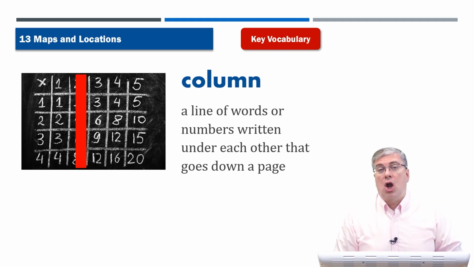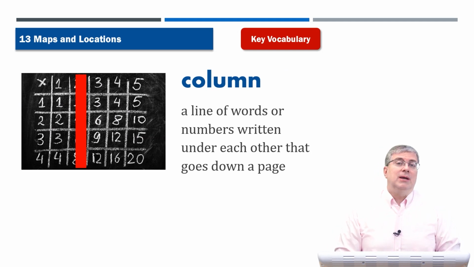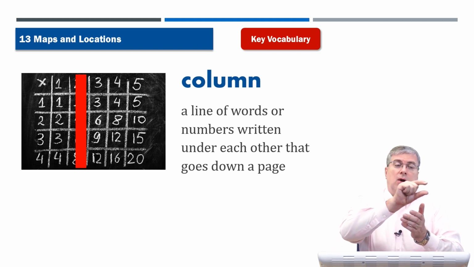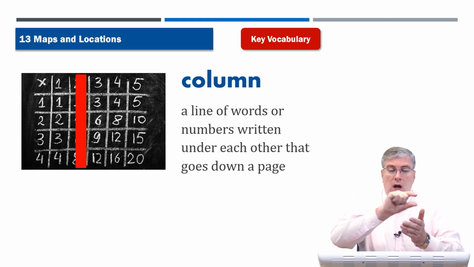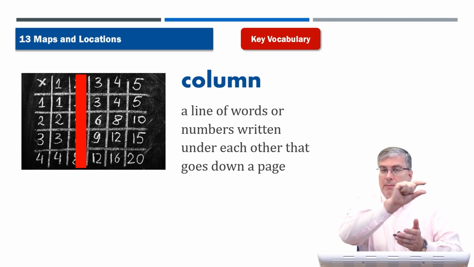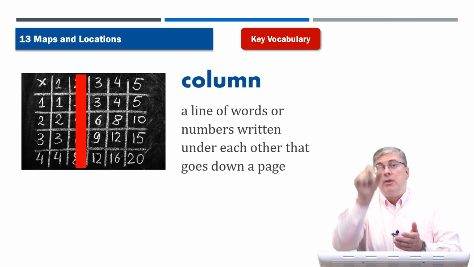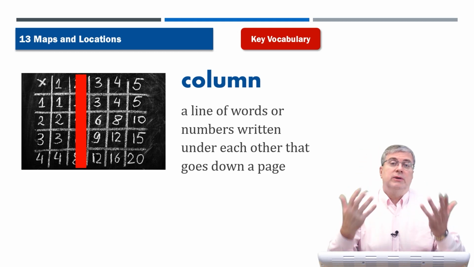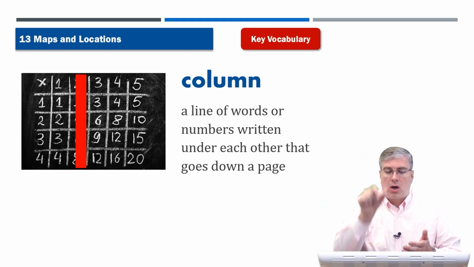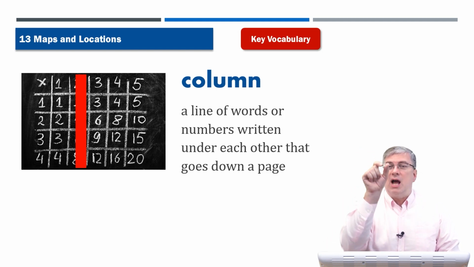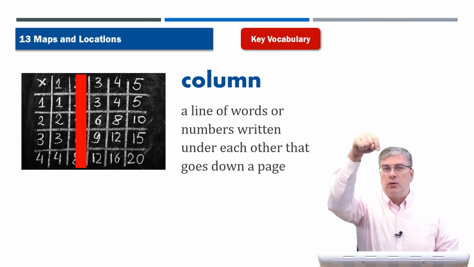Next we have column. Now sometimes you'll look at a table or maybe a map and you'll see that there are rows going across, right? There are numbers that might go across. We call those rows. There might be numbers going down. Those are called columns. So in a table there are rows and columns. So a column is a line of words or numbers written under each other that goes down a page.